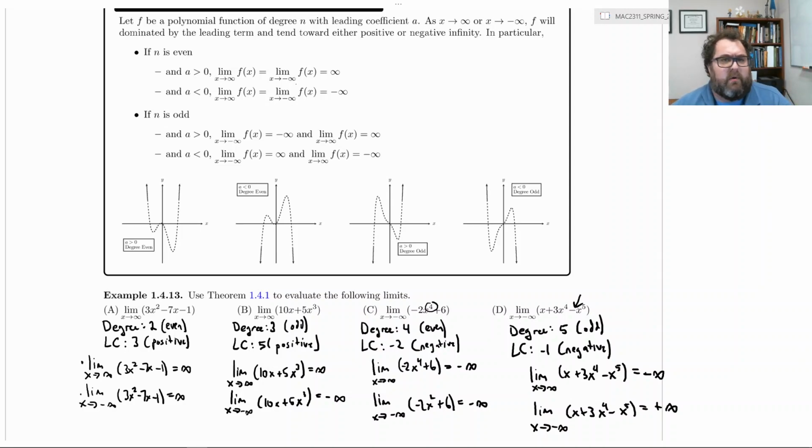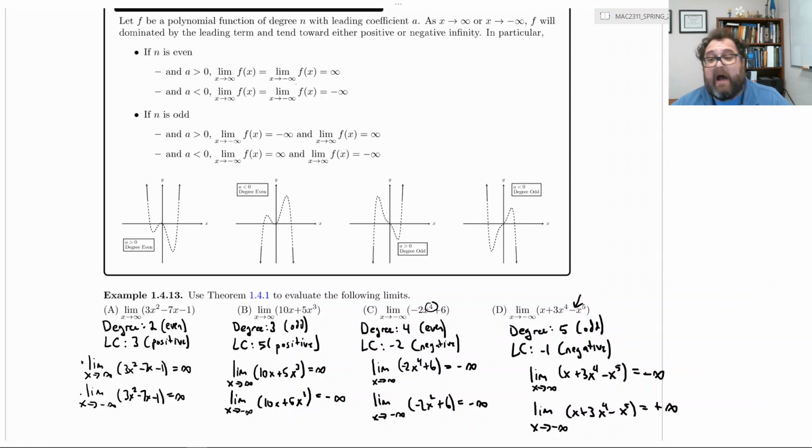I write the materials for free, so I can just post that on Blackboard if you want it, and that way you can review these topics. And you'll find this exact box in that college algebra book in the polynomial section. The only difference will be that I don't use the word limit. I use the phrase end behavior, which basically means the same thing when you're talking about limit at infinity.